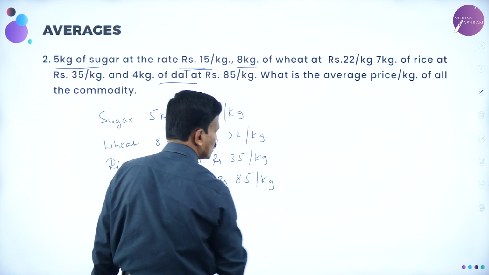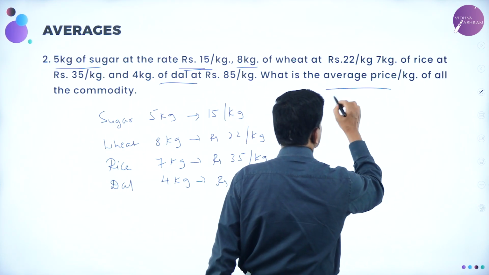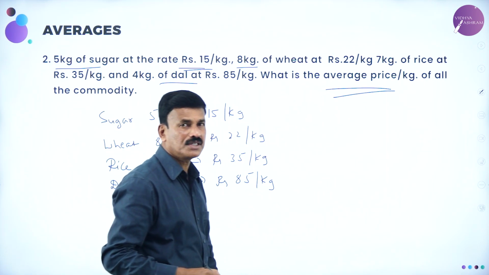This is given, right? Now what is required to find? What is the average price per kg of all the commodities?